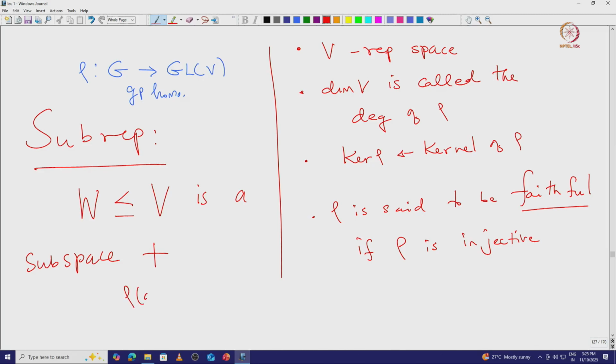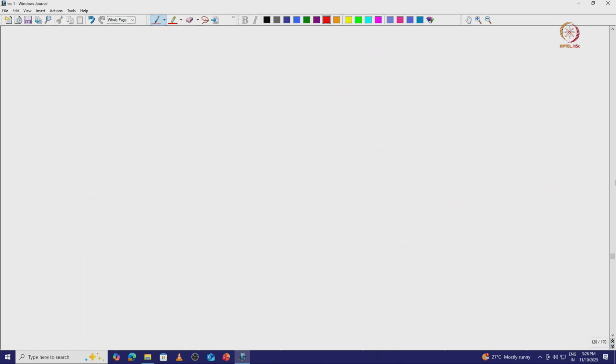So, rho of g leaves W invariant for all g in G. A subspace is called a subrepresentation if W becomes invariant under the action of all elements of capital G. This is in a way equivalent to what we have seen before. Maybe you can take it as an exercise.